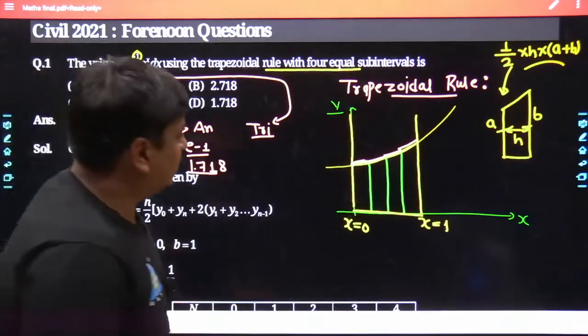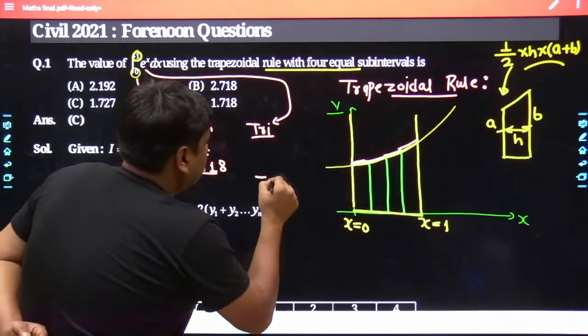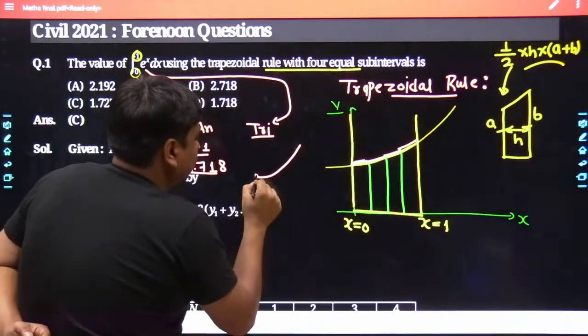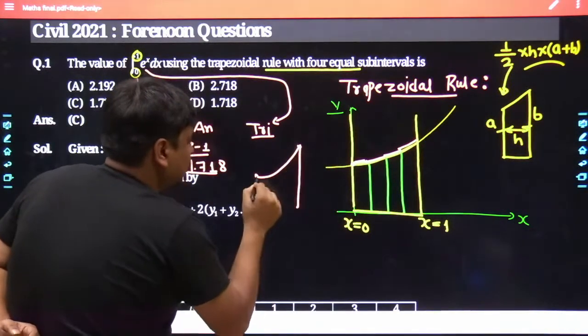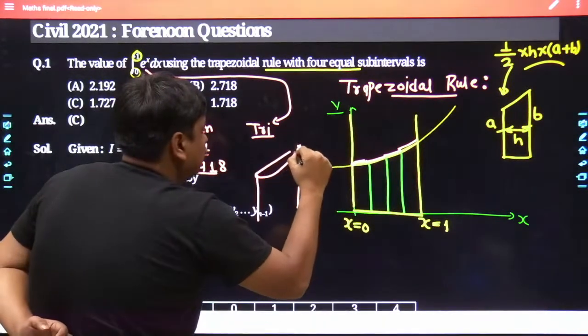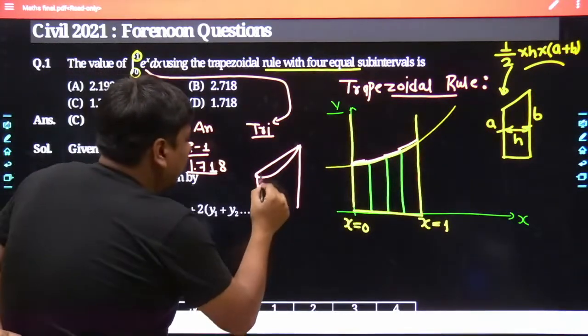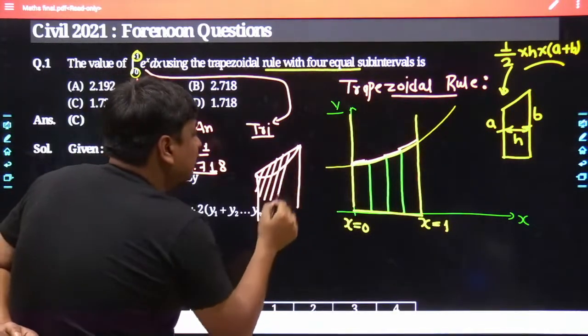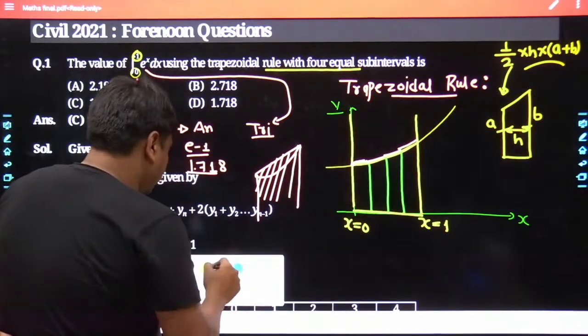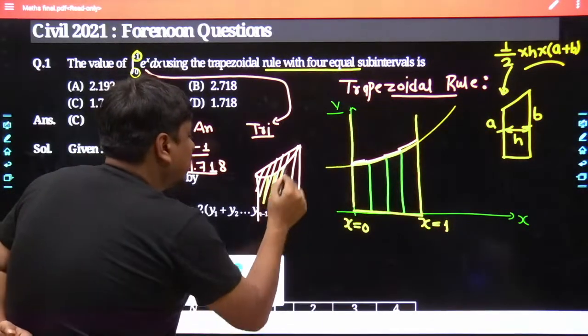Could you understand what I am saying? You can see by yourself. If the curve is upward facing and you take the reference of these two tips and join them to make a trapezium, definitely the area occupied by the trapezium is more than the area which is supposed to be occupied by the upward facing concave.